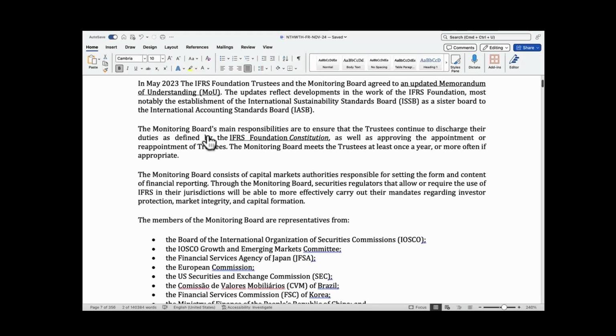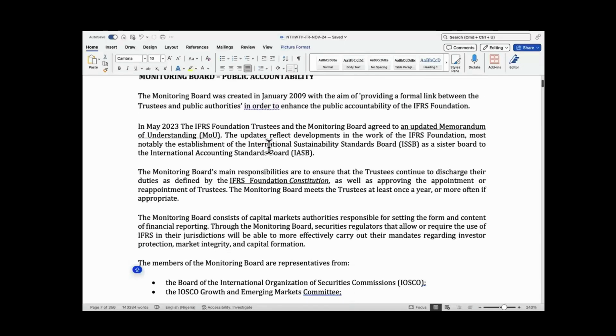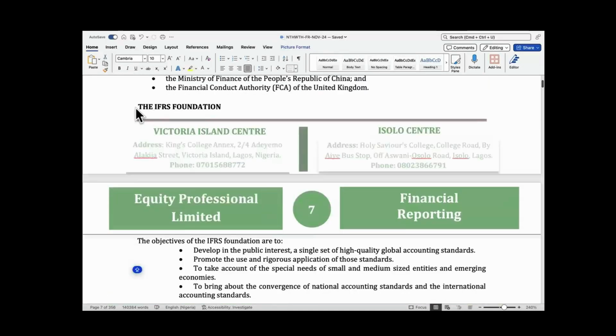And this monitoring board, which is the top guy here, are the ones that monitor the IFRS Foundation, which takes us to the next tier of the structure, right? And this IFRS Foundation, their members, we call them trustees.